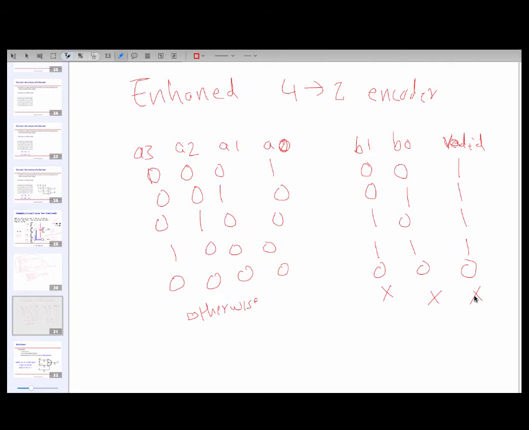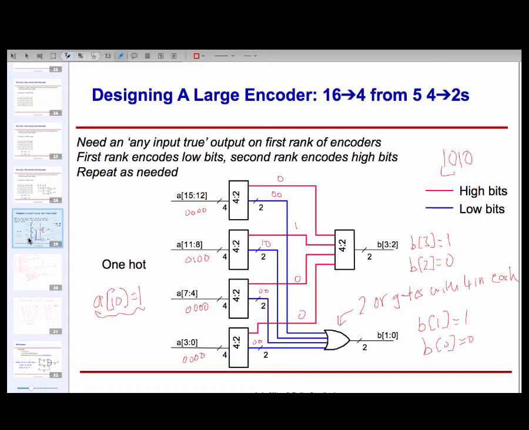So if you go back to the other slide, are each of those encoders the same truth table, or each of the four? Each one of these four have exactly the same truth table, right? They are identical encoders. Yeah, this final one at the output is the non-enhanced encoder. It doesn't need that red line on the output, but you can still use the same one out there also if you want.